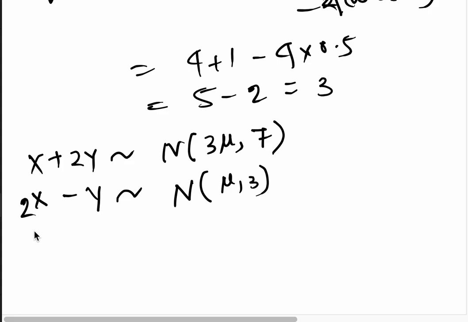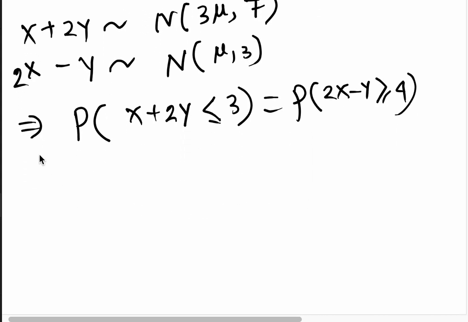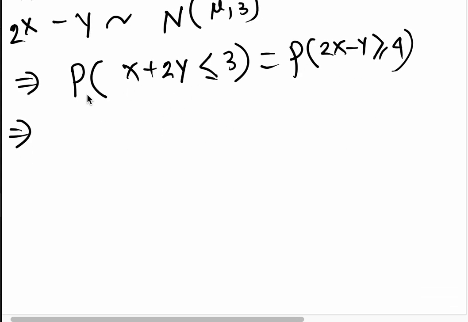Now it is said in the problem that the probability that X plus 2Y is less than or equal to 3 is equal to the probability of 2X minus Y greater than or equal to 4. So let's change this variable to a standard normal variable.